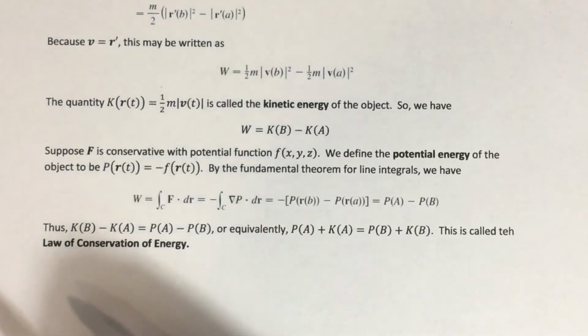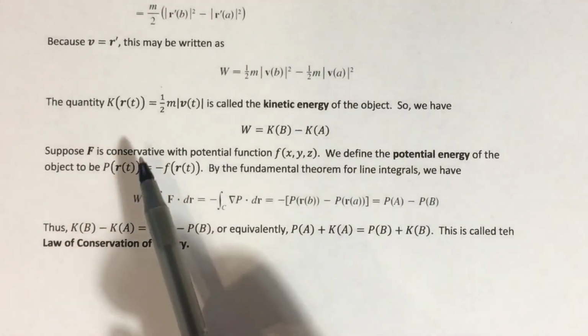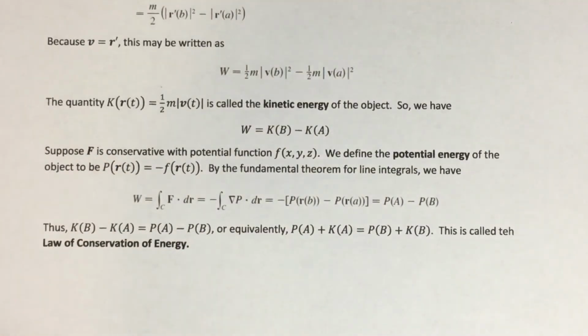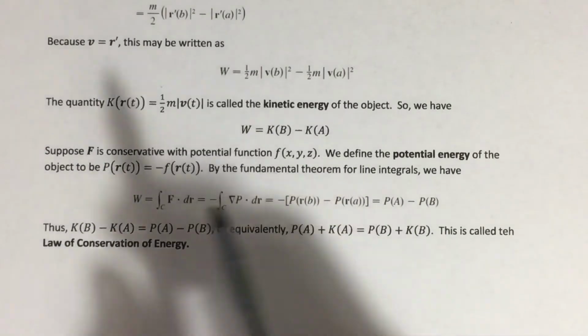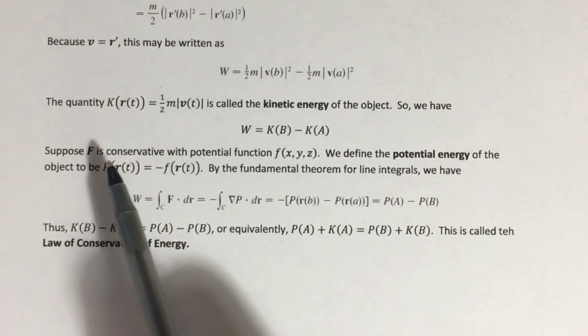Now, even though we've spent some time talking about conservative vector fields and showing that there are special criteria they have to satisfy in order to be conservative, and a lot of vector fields are not conservative, it turns out that a lot of the time, the types of force fields that arise in physics are naturally conservative vector fields. So making this assumption is not as big a leap as it may feel. This is very typical of the kinds of vector fields we encounter in physics.